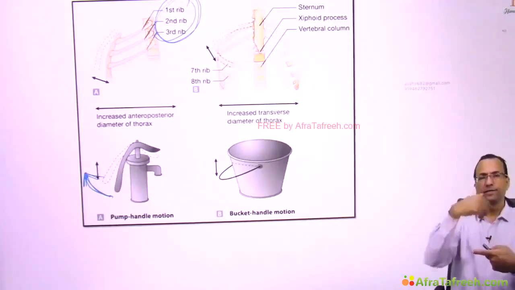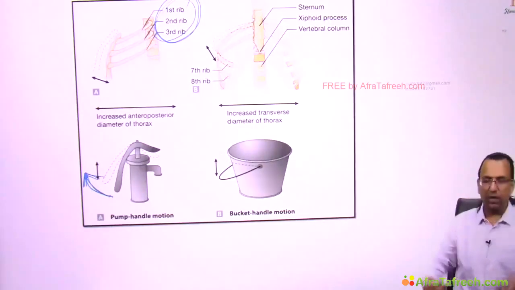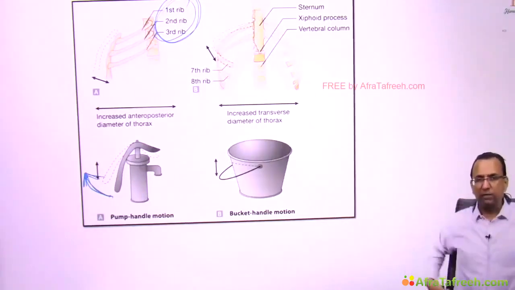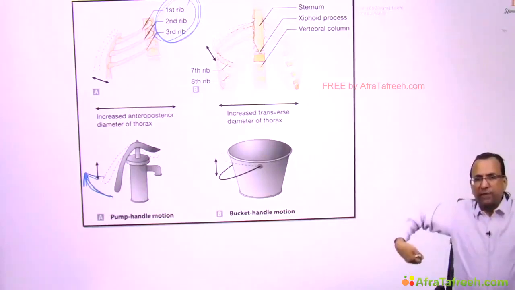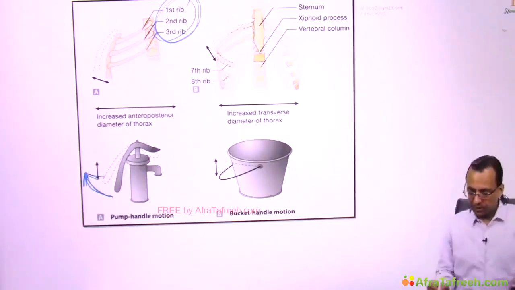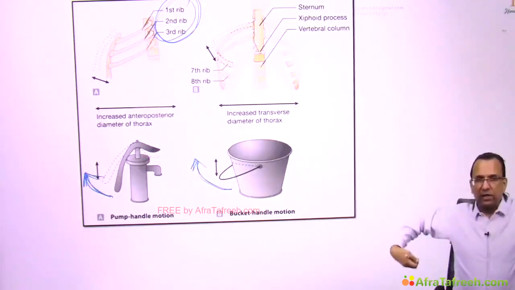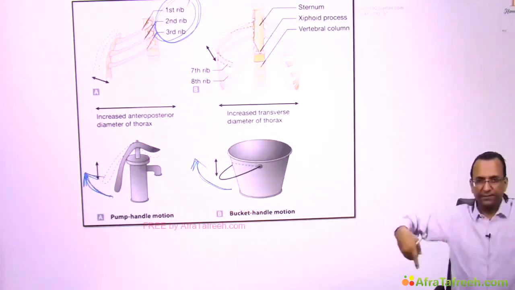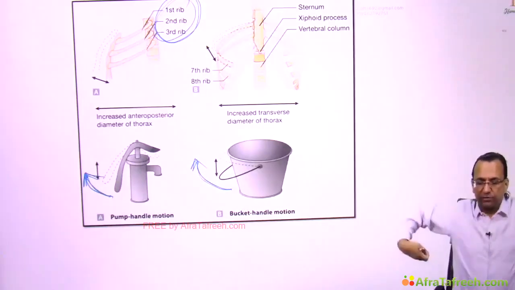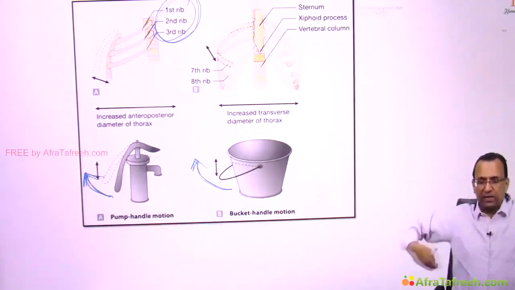For inspiration, okay. What about the lower ribs? What is this bucket handle movement? The lower ribs will increase the transverse diameter of the thoracic cavity. As the lower ribs move up, there will be an increase in the transverse diameter.